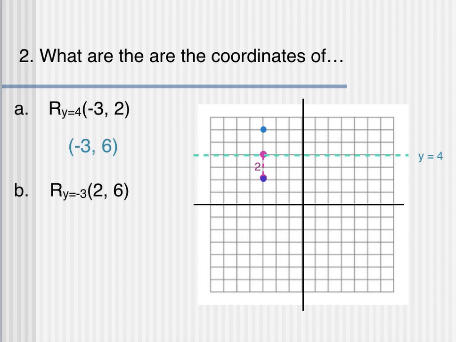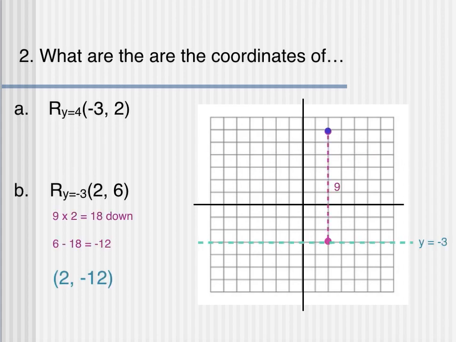B is tricky because when you do the reflection, it doesn't stay on the graph. Let's see if you're able to figure out the answer anyway. So when you graph your pre-image 2, 6, and you graph the line of reflection, you notice how your pre-image is 9 units away from the line of reflection. Going 9 units past, that goes off the graph, but you could still figure out where it would end up because 9 units here, 9 units here, that'd be 18 units down total.